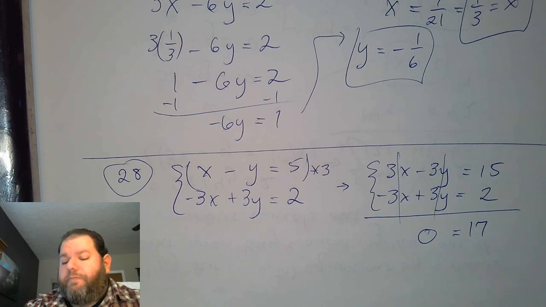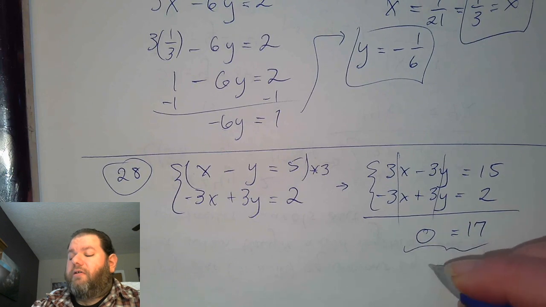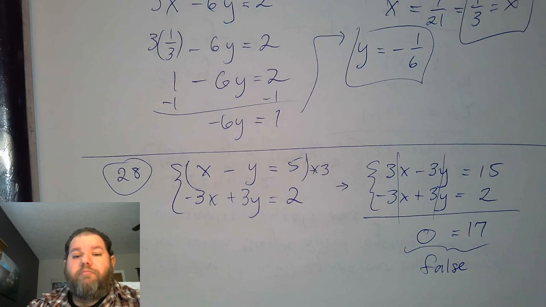Now, is it possible that we just proved that 0 is equal to 17 and math is just all made up things? No. 0 is not equal to 17, no matter how hard we want it to be, or any other number. It's just not equal. Okay. What happens here is we've arrived at a false statement. And arriving at a false conclusion, such as this, means that there is no solution to the original equation.